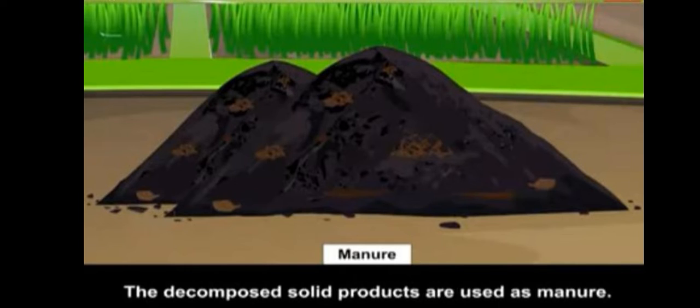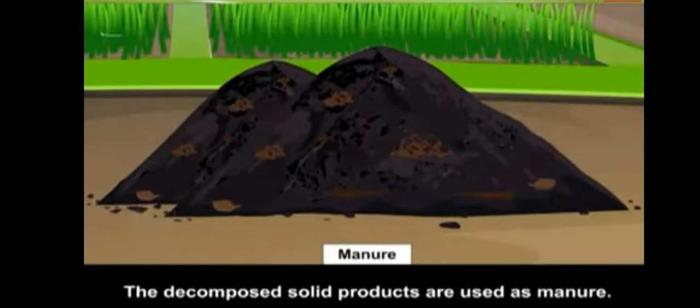They start acting on it, and in that process a gas is released. That gas is methane gas, which is used as a fuel, and the remaining solid product after decomposition of the organic waste, the solid products left behind, can be used as manure which is made from organic waste.